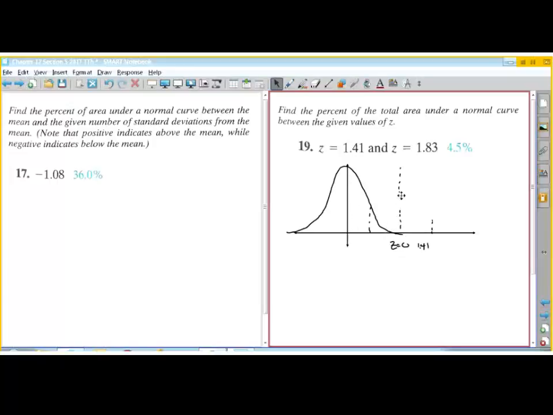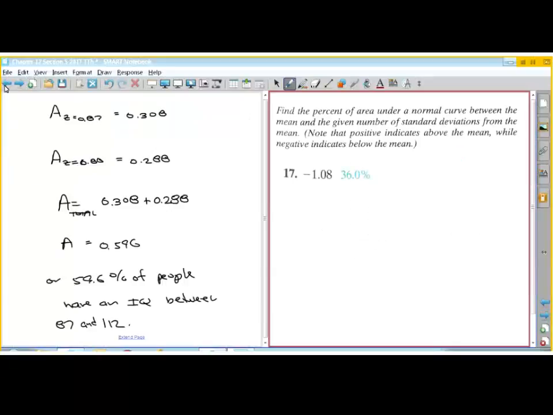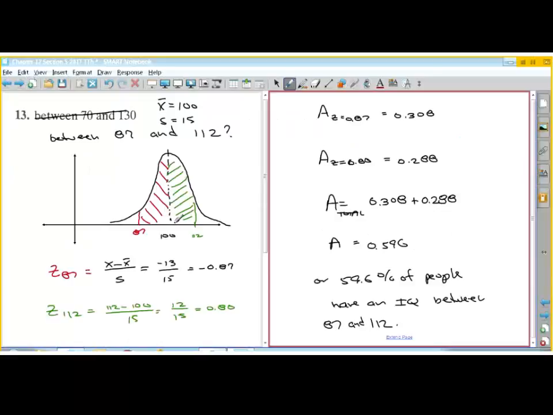There we go. So when you talk about z-scores, the distribution would be around the 0 point. So let me move this over here. So there's z equals 0. Z equals 1.41 would be to the right, and then you go a little further, that would be 1.83. When we're dealing with the values and drawing this picture, it depends upon where the mean is.